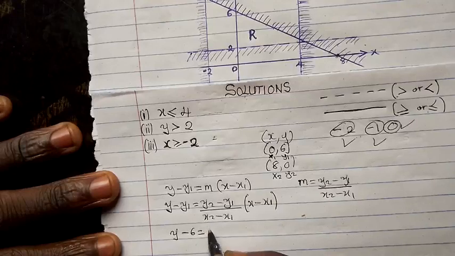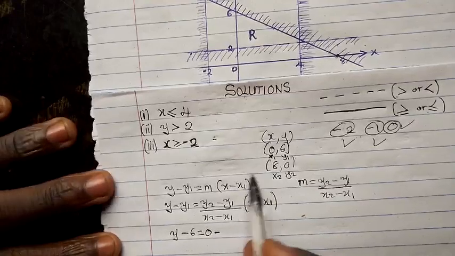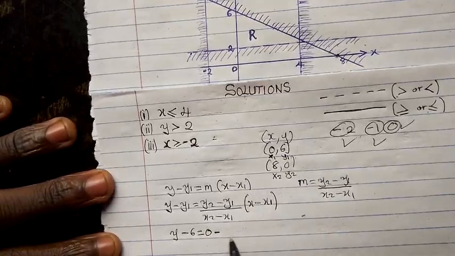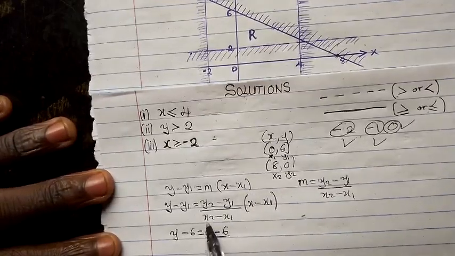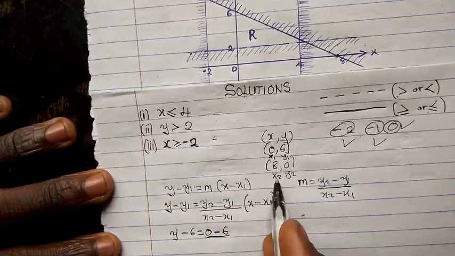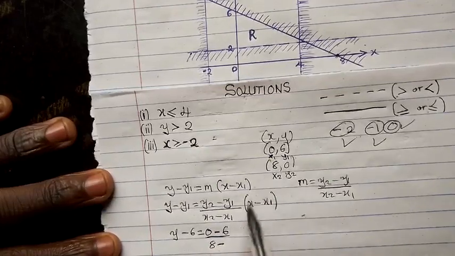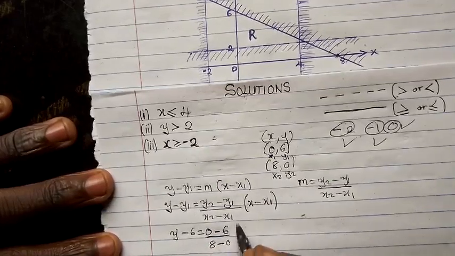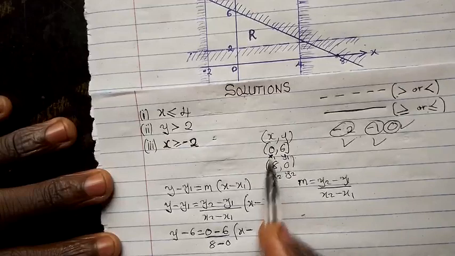So I'm going to say 0 minus y1, which is 6, over x2, which is 8, minus x1, which is 0. Then open bracket, x minus x1, which is 0.